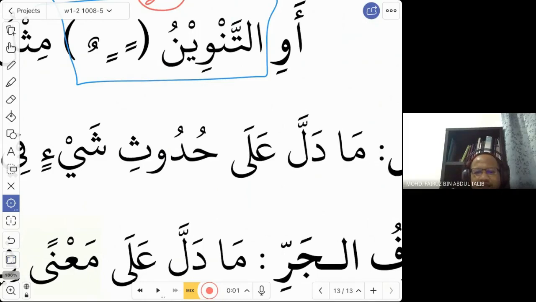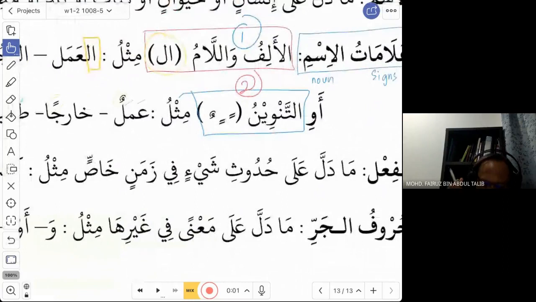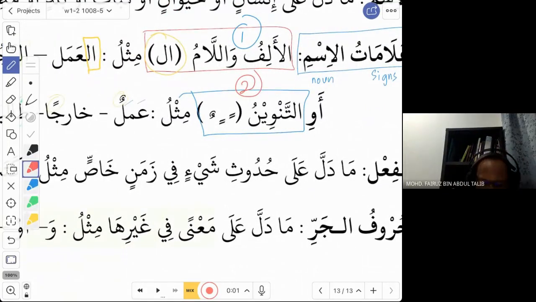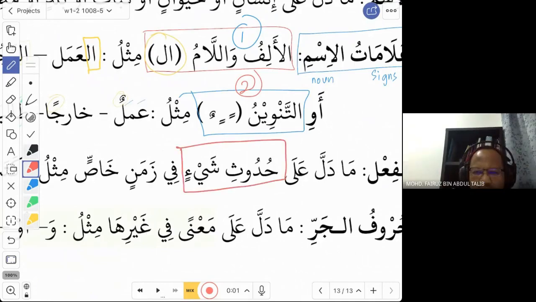So that is a verb. But this is not the complete meaning of a verb in Arabic. For the word to be a verb, something must take place. That is the first part of the definition of a fi'l, of a verb.